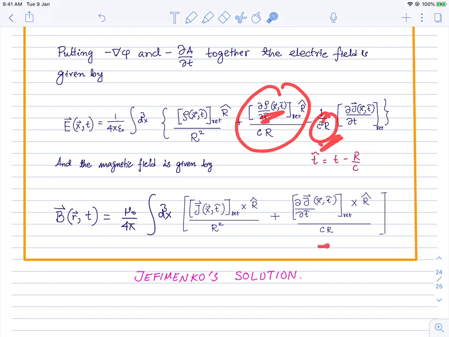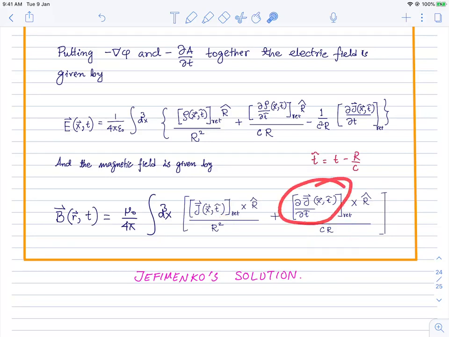Even here for the magnetic field there is a term which goes as 1 over r. This is the usual Biot-Savart's law where the magnetic field goes down as 1 over r squared. But here there is a term which depends on the time derivatives.